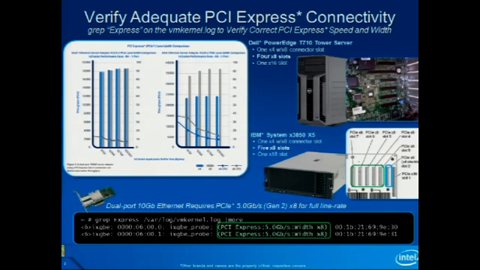Now there is one other aspect of this. When PCI Express trains, when it's booting up and creates the link speed, it may not link with all 8 lanes or at 5 gigs. It may only link at the 2.5 or a subset of the lanes. So if you go in and grep the VMkernel log, and I just use Express, that seemed to be the easiest way to get this information, and it will tell you what each one of the ports is linked up at.